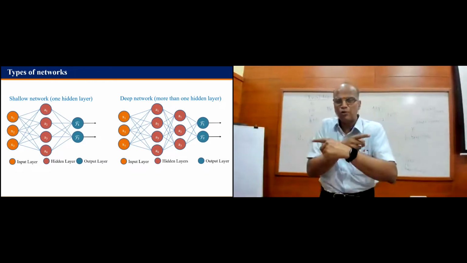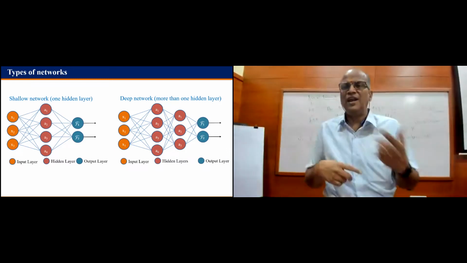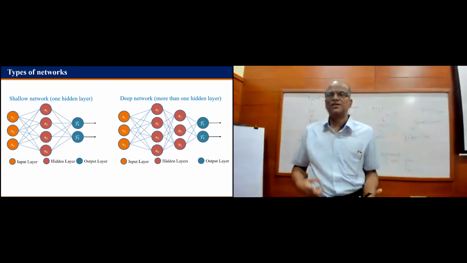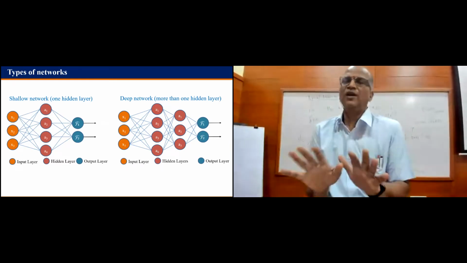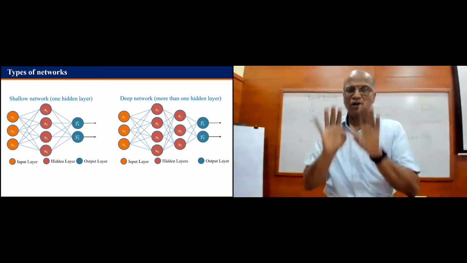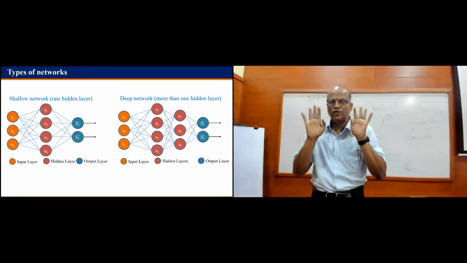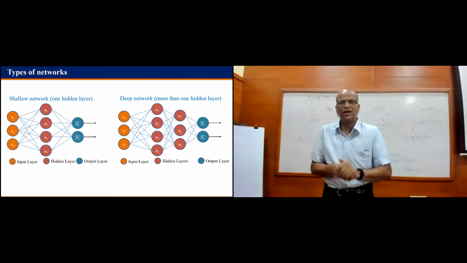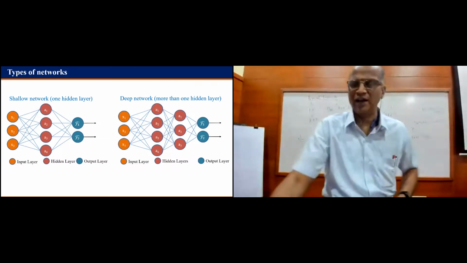For each of these you have to put a weight, and getting the weights will be a nightmare. It will be an overfitting problem. So you'll suffer from what is called the curse of dimensionality. So you have to worry about that. There could be overfitting and so on. So for starters, if the problem is not so tough, stay with one hidden layer. At max, go to two hidden layers.